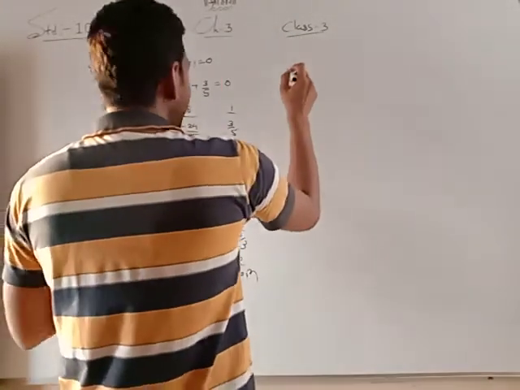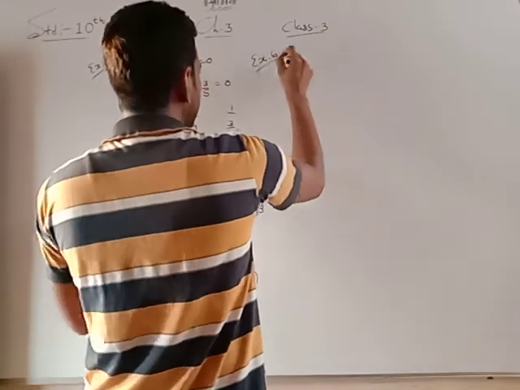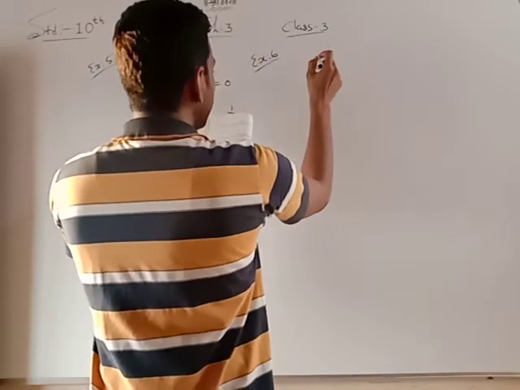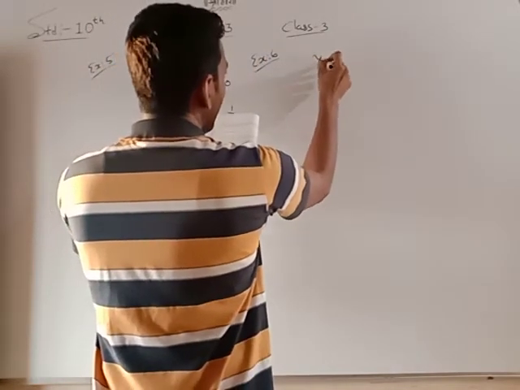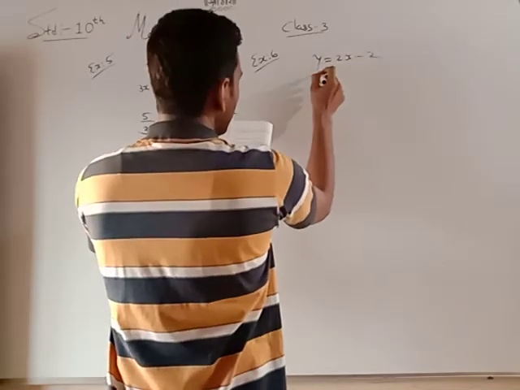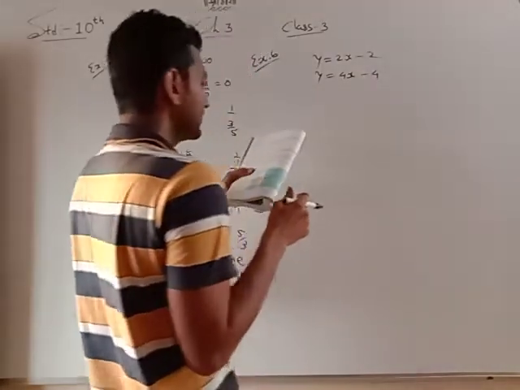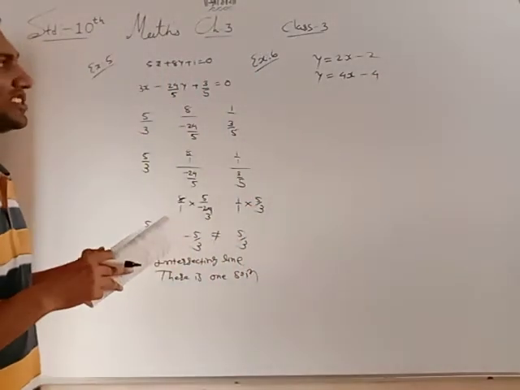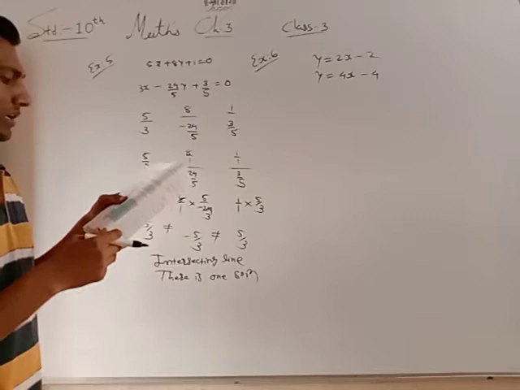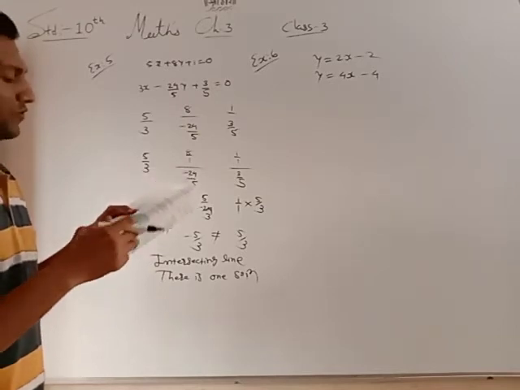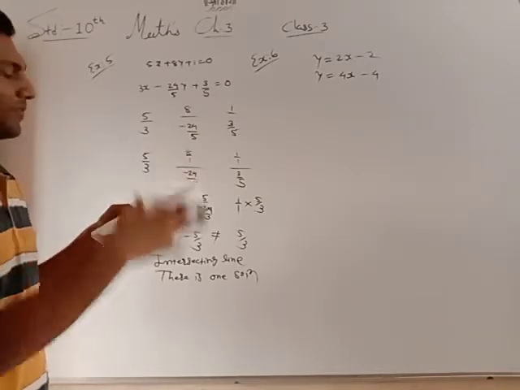Let's try example number 6. In example number 6, the two equations are given: y is equal to 2x minus 2, y is equal to 4x minus 4. In this case, which type of graph is formed?